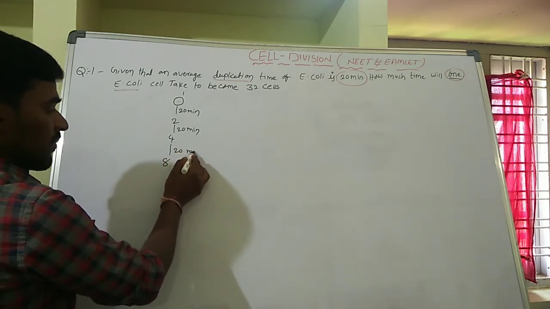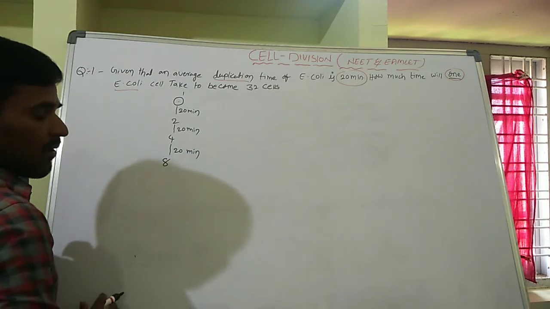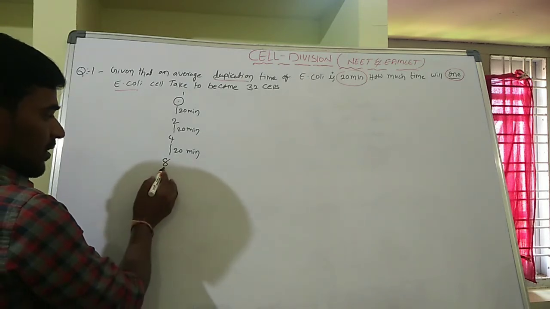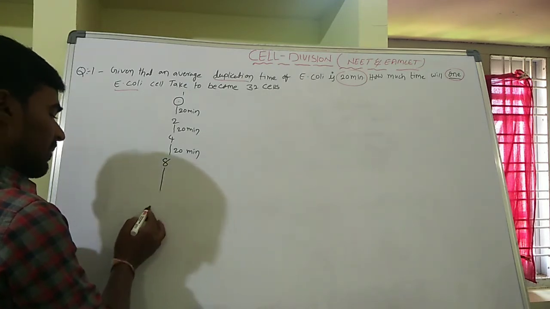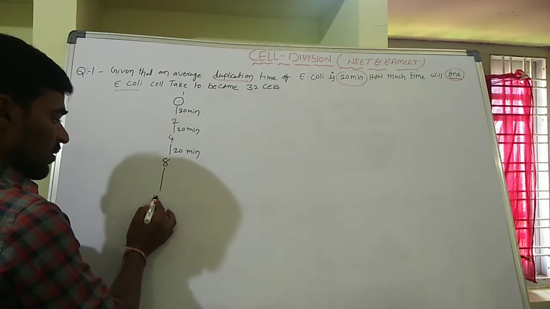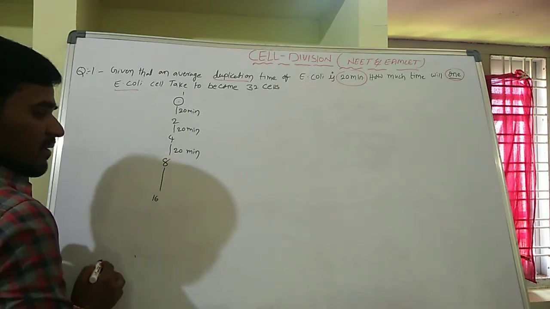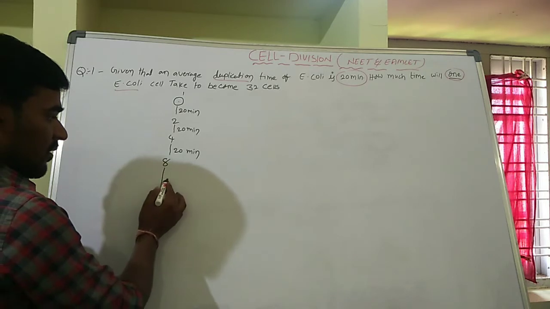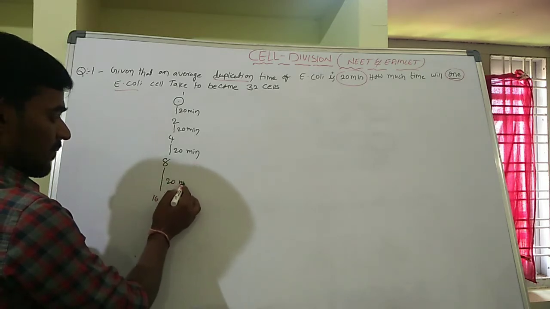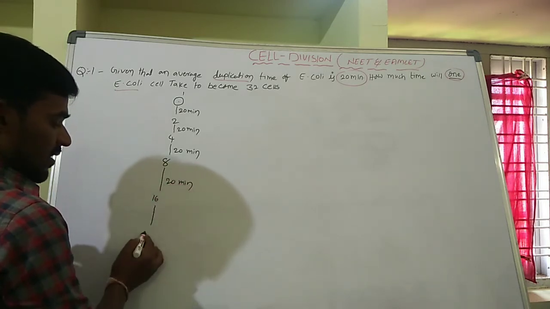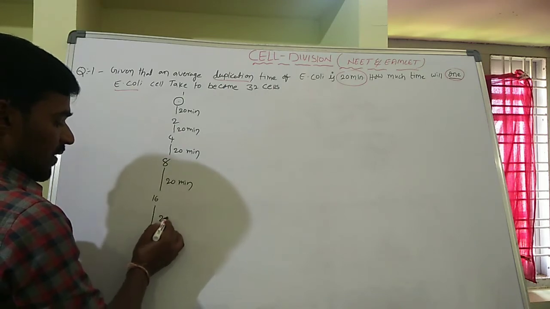Next, these 8 cells after the duplication, 16 cells will develop in 20 minutes. Again this 16 becomes 32 in 20 minutes.